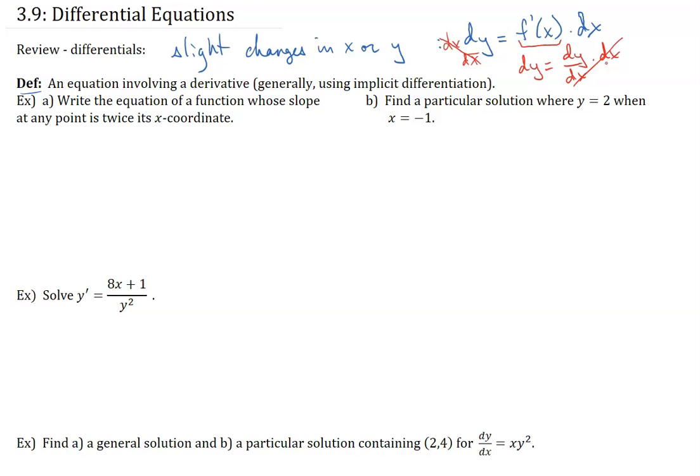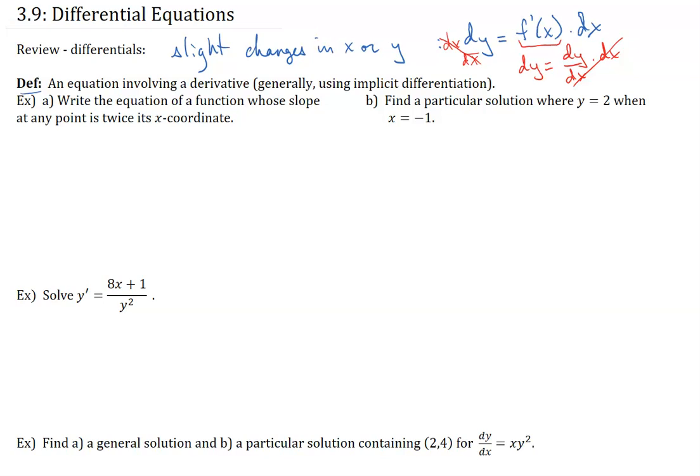Now here, dx is not going to have a numeric value, but we are going to use the differential, the algebraic representation. So for this first example, we're told that we have an equation for a function whose slope at any point is twice its x-coordinate. So we are writing that differential equation.